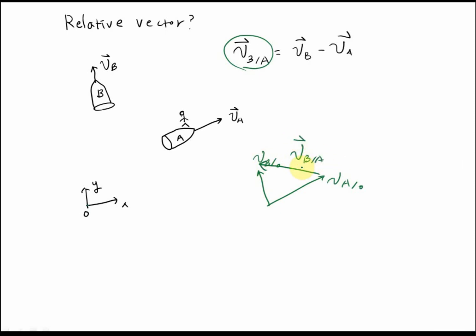Okay, so this is a relative vector. So conceptually, this shows the velocity with respect to not the original reference point, but your current position. That's what we call the relative vector.